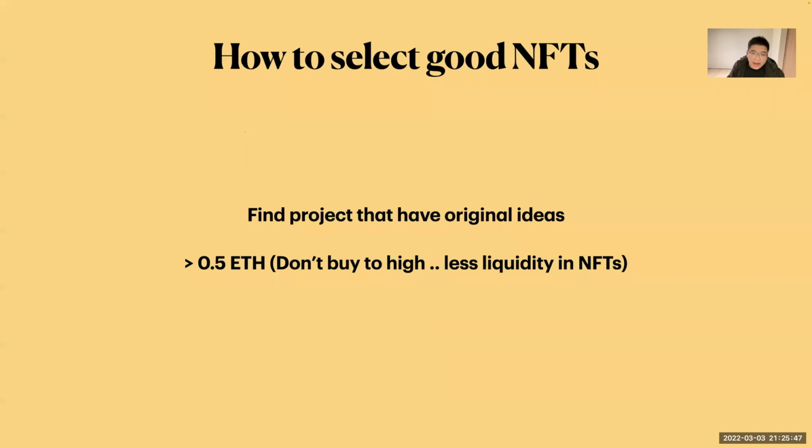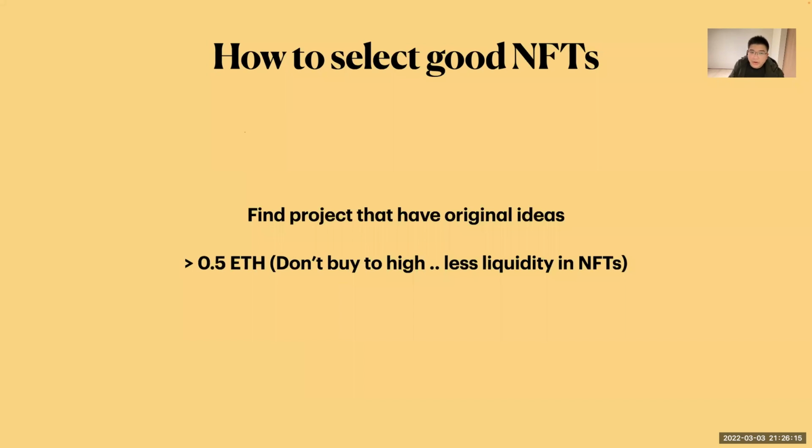So I have a trick, which I got from one very popular NFT collector. He said how to select a good NFT. I captured from his idea that you have to find a project that has original ideas, because right now many projects are copied from other projects.